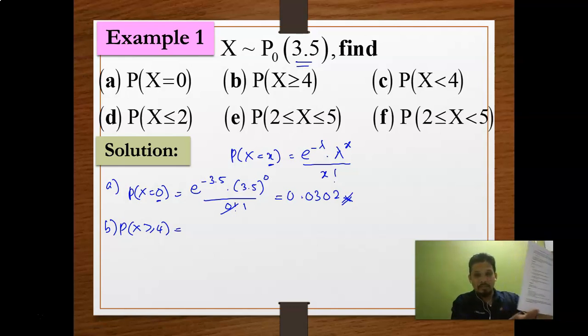Where lambda is 3.5, turn to page 12, and r equal to 4.